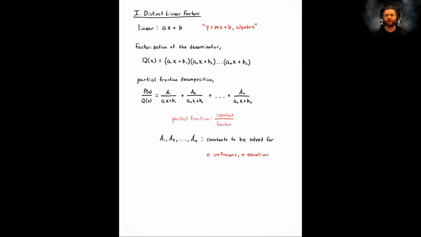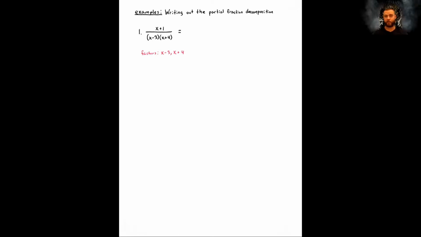Typically, we're going to be looking at 3, 4, 5, at most 6 unknowns, so we'll label them typically A, B, C, D, however many we need. So for each factor in your denominator, you get a partial fraction, an unknown constant divided by the linear factor. And what this will give us is n unknowns. To solve, we need the same number of equations as we have unknowns. That's where the algebra comes in, why it's so involved, which we'll start to see.